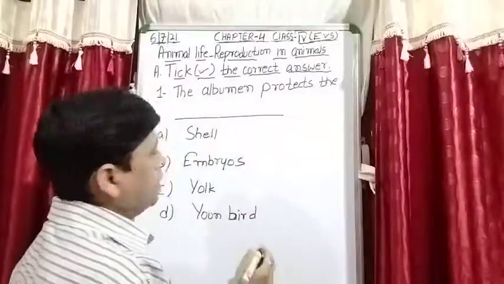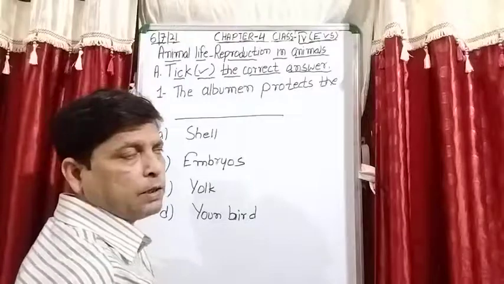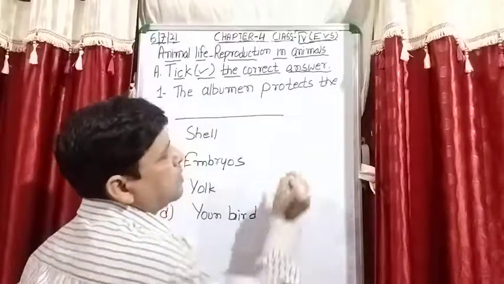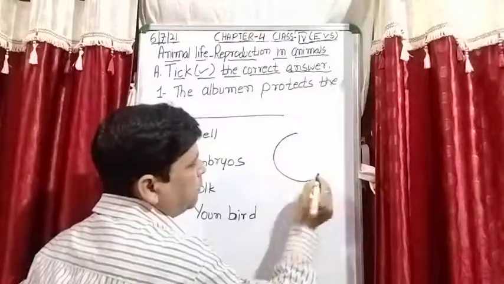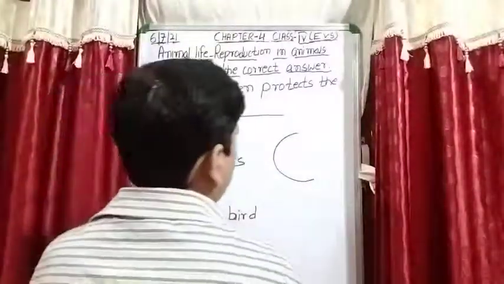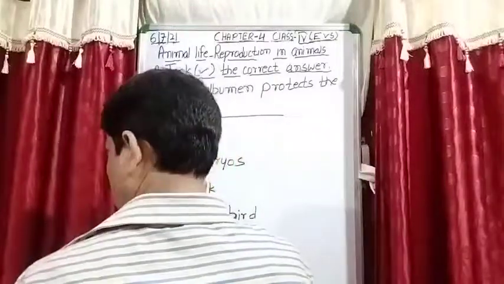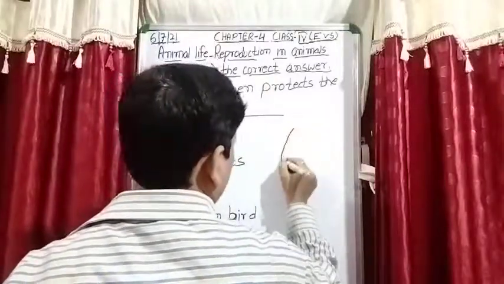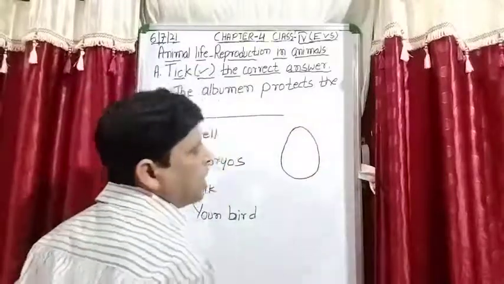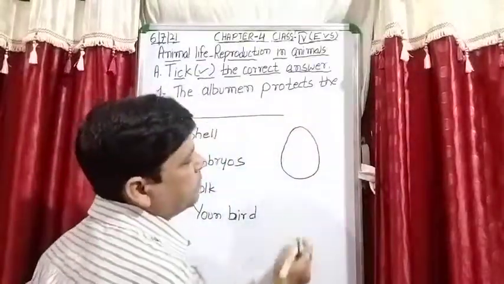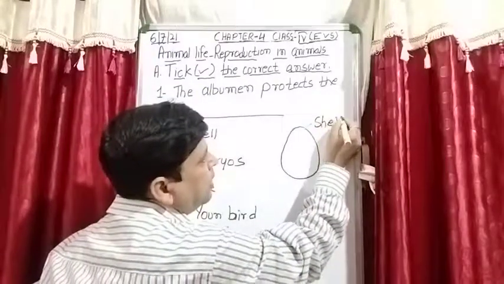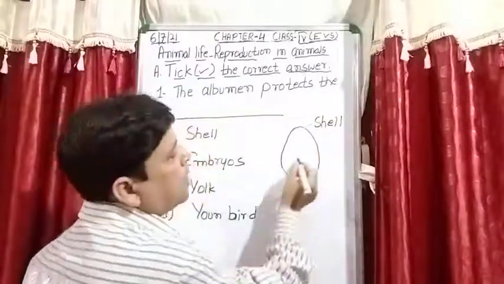So first of all, students, when we see the egg of oviparous animals, the outer layer is known as the shell.